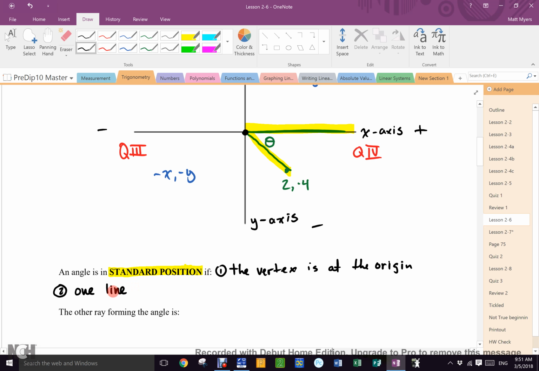Now, I'm using the word line, but there's another word for it. I'm going to use that in a minute. One line is the positive x-axis. Do I have that here? Everyone agree? Okay. Now, please put quotes around line, because it's not technically geometrically a line.